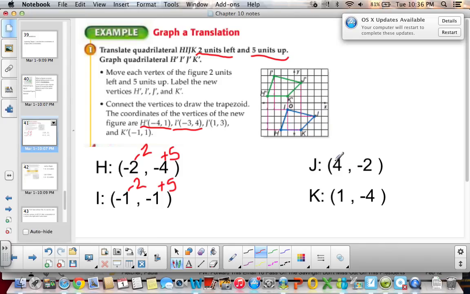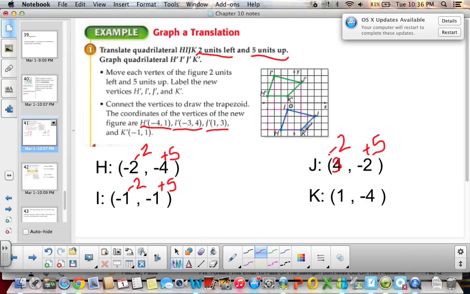J, we start at 3, -2. Sorry. So then 3 minus 2 would be 1, -2 plus 5 is 3, so J prime is 1, 3.